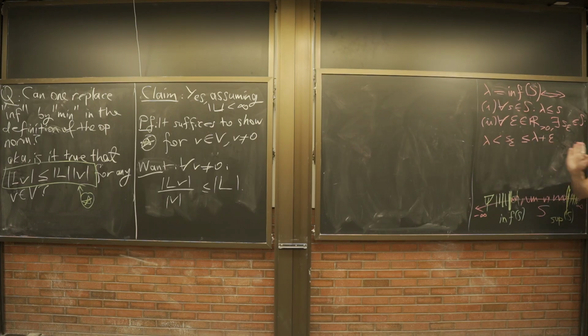I tried to push it just a little bit more, and then I started missing some elements. I'm not saying how many. I'm saying at least one. It should be the other way around. Strictly less than. Okay? This is what this means. So this is what I'm going to use.